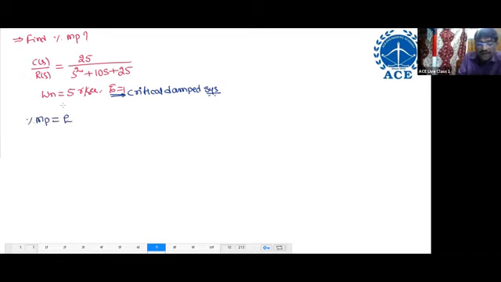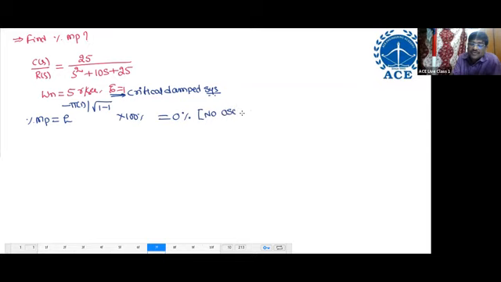It is e power minus 5 zeta divided by root of 1 minus zeta squared, into 100%. With zeta equal to 1, e power minus infinity is 0%. For a critically damped system it is 0% because there are no oscillations.